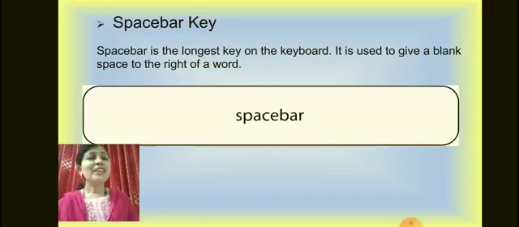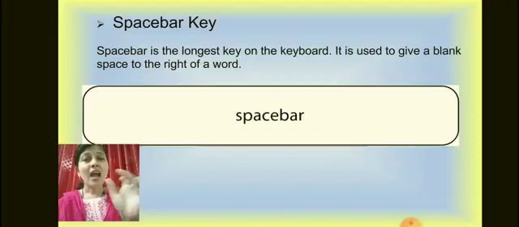If you type without using the space bar, what happens? All the letters will be in a line, M-Y-N-A-M-E-I-S. All the letters will be together. So after each word, you have to press the space bar key.